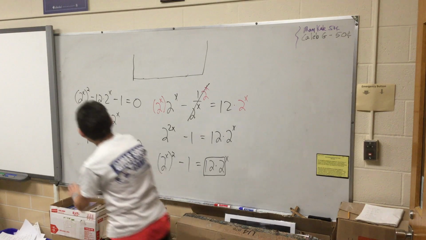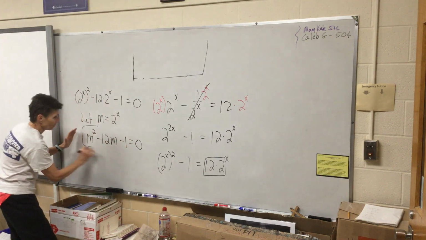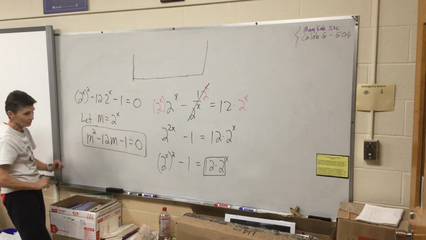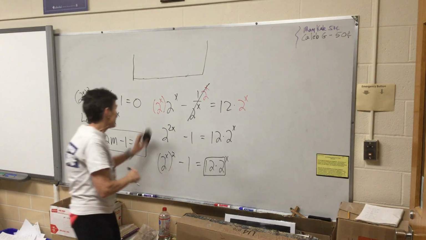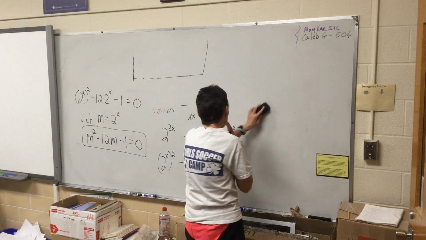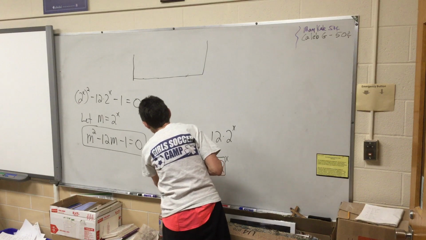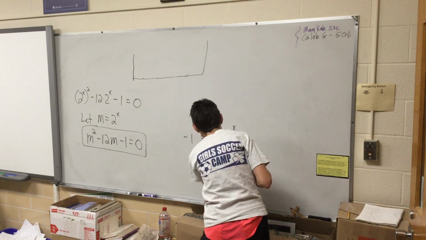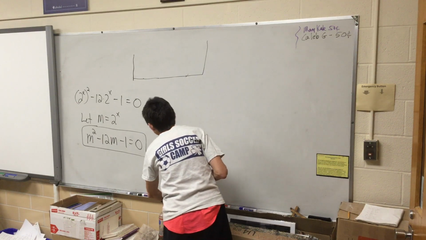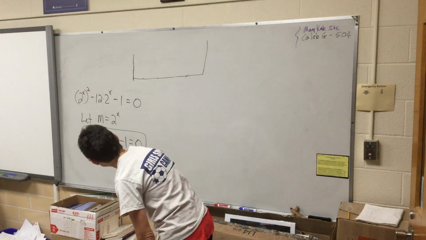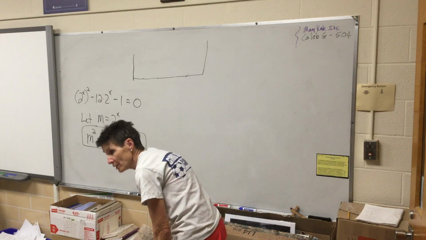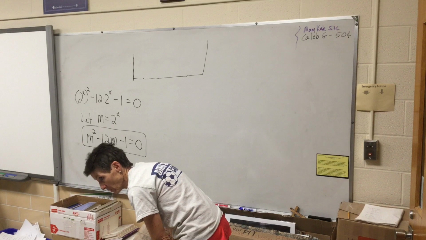Now, let's forget this for a moment. Let's just deal with this, because that we can handle. Does that particular equation factor? No. So we're going to use the quadratic formula.